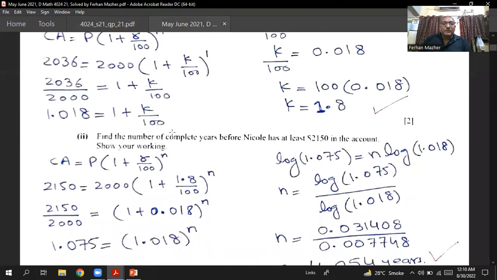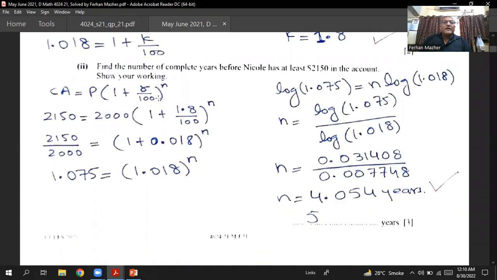Okay. So now the compounded amount is equal to the principal times bracket 1 plus R by 100 bracket close raised to power n. So the compounded amount they want is 2,150 equals 2,000 times bracket 1 plus 1.8 divided by 100 bracket close raised to power n.